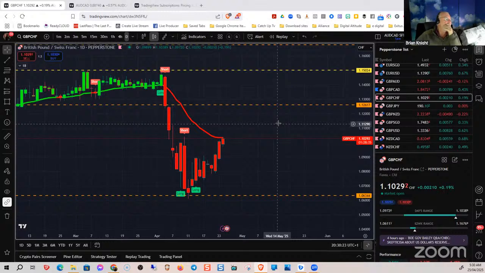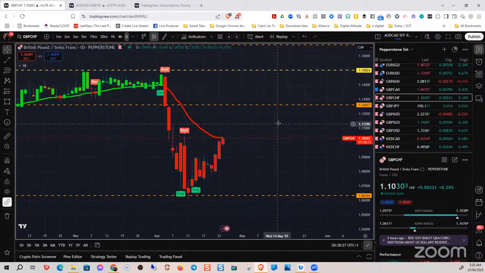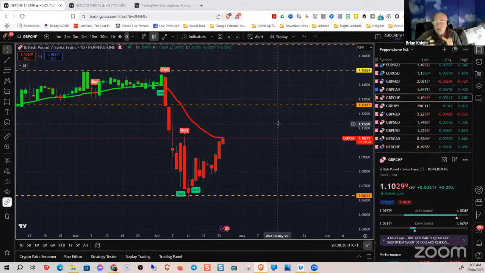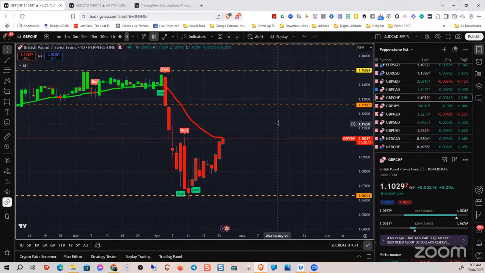I think one of the things, Darren, is when it's quite a distance away from the trend line and you get a long or a short, it's a potential trade to the trend line, at least, isn't it?